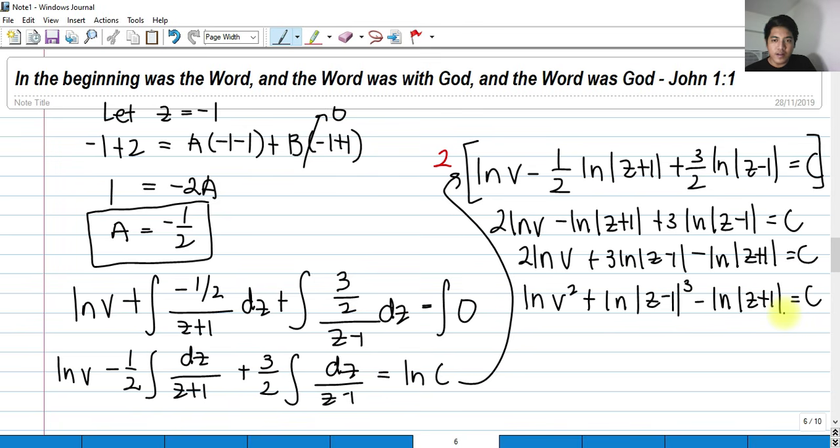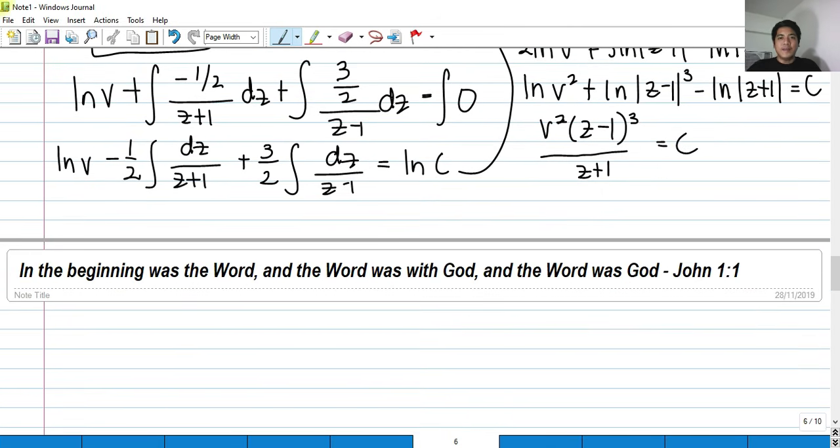By properties of natural logarithm, if this is a plus, the inside functions are multiplied, b squared multiplied by z minus 1 cubed. And if this is a minus, it is divided by z plus 1. The inside function of the natural logarithm is now equal to c.